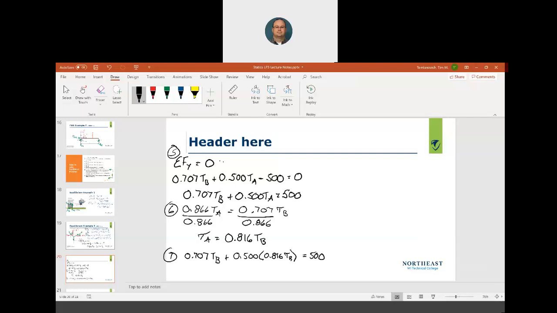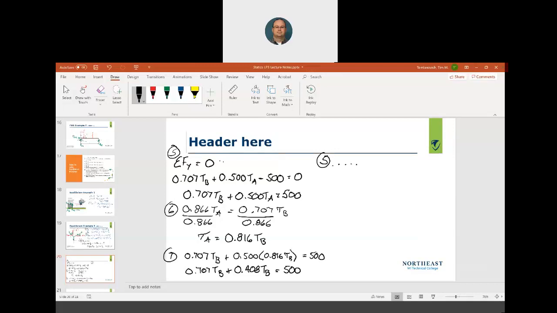Now if I solve this, 0.707 TB plus, I use the distributive property: 0.5 times 0.816, and then the TB follows after it. 0.5 times 0.816 equals 0.408, so 0.408 TB equals 500. Step 5 continued.